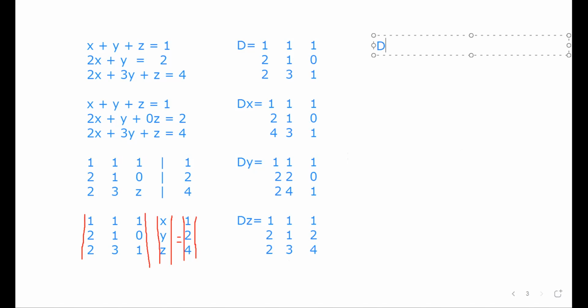First, the determinant of d is 1 into 1, 1 into 1, minus 1 into 0 2 minus 0, plus 6 minus 2, 4.